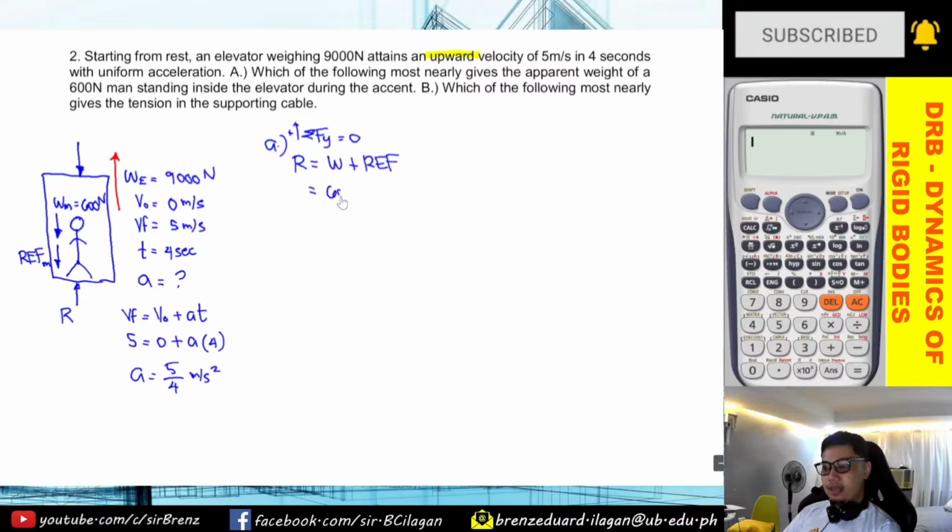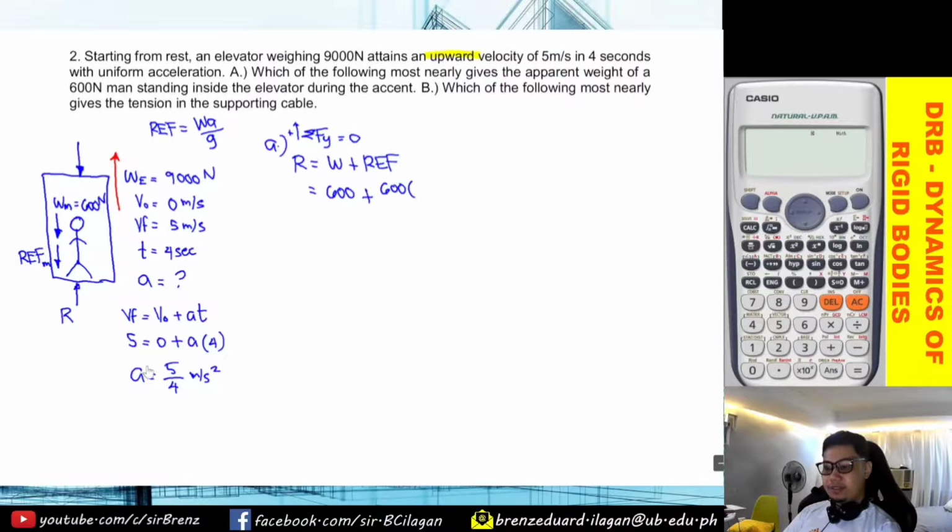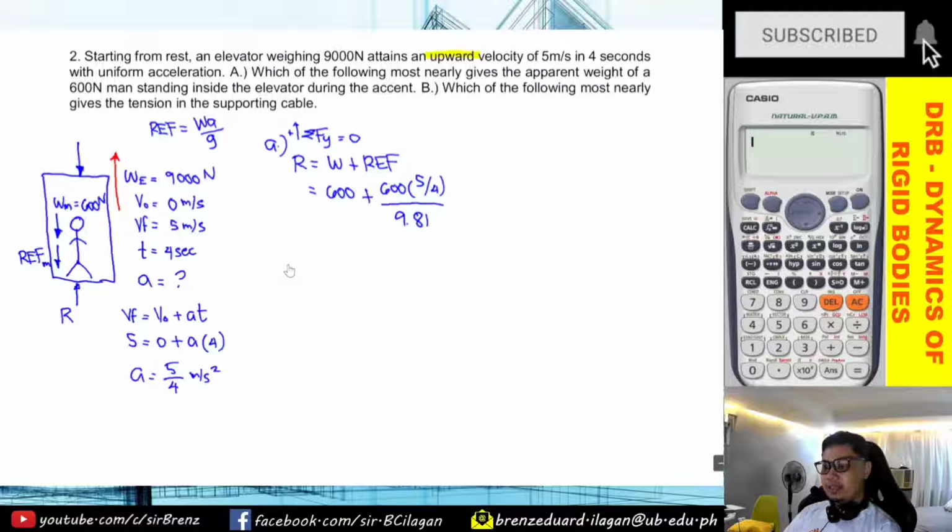So that is 600. So plus, ano nga formula ng REF? Where REF is equals to W A over g. So ang weight ng man, given naman as 600, times yung acceleration na na-compute natin kanina, which is 5 over 4, over the gravitational acceleration na 9.81.